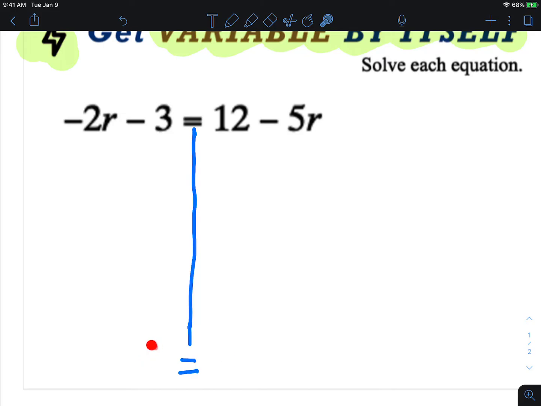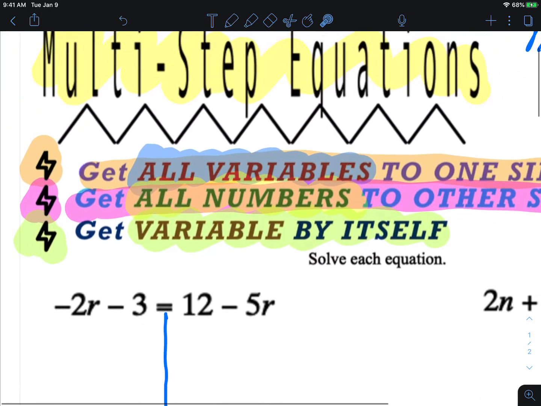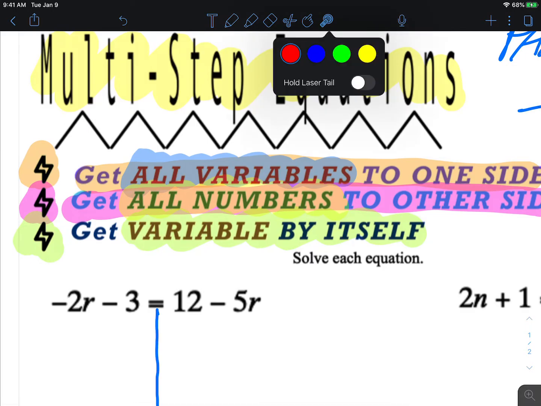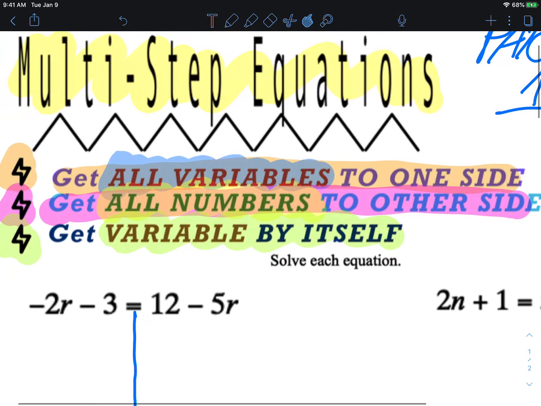I want R only on the left side or only on the right side, because the first lightning bolt says get all variables to one side.